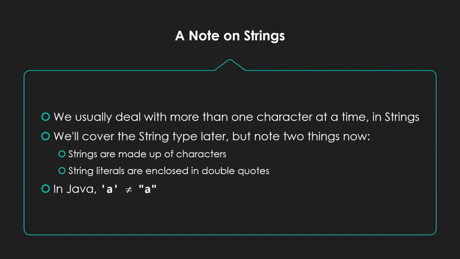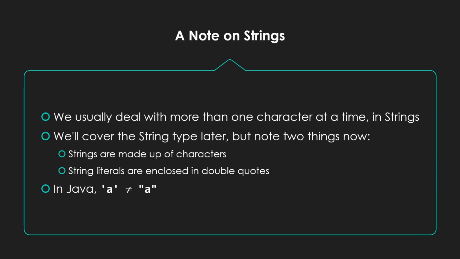So understanding what a char is will help you understand strings because strings hold chars. Second, when we have a string literal, it's going to be enclosed in double quotes. So in Java, you can tell the difference between a char, which always has to be just one character, and a string, which could have 1 or more characters or even 0 characters, by looking at the type of quotes.